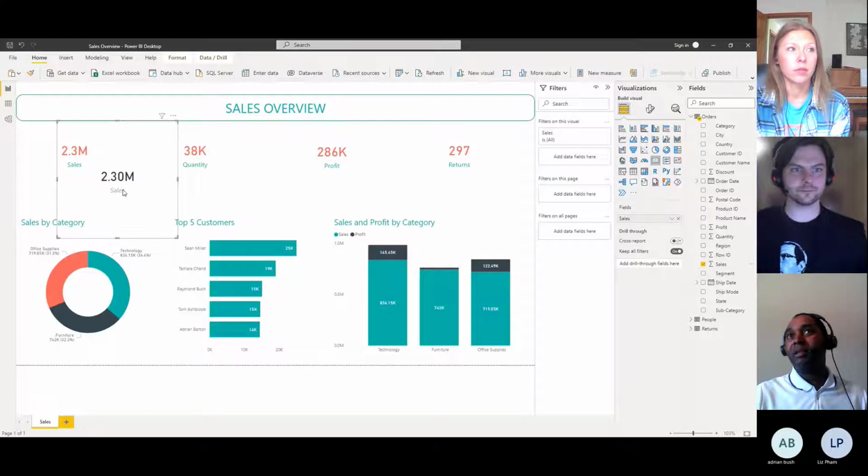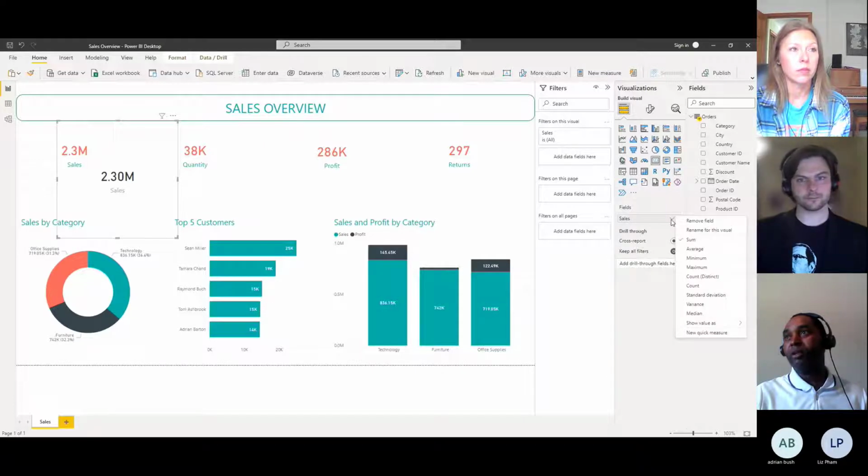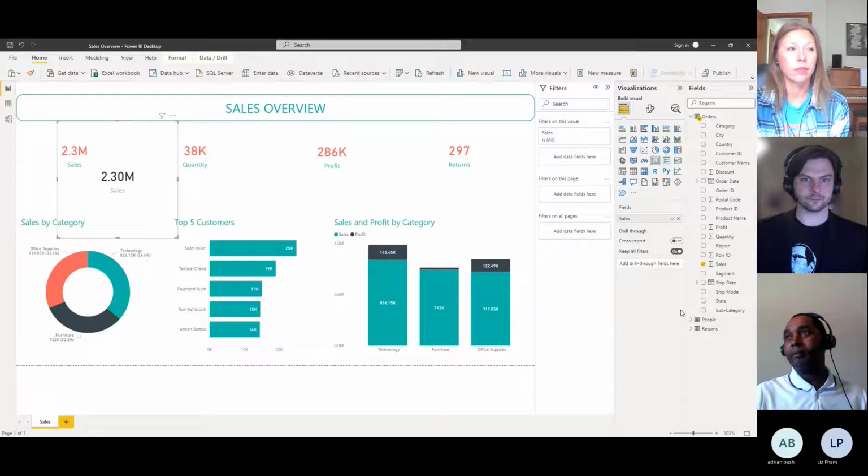So it gave me my amount there. To change this amount, I was able to go to a different area so that I could take this into millions. So I'll remove the decimals and so forth. So that's basically what I did to get that.